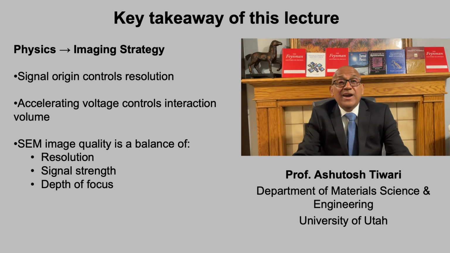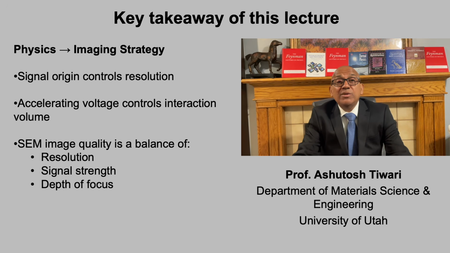The second major factor is the accelerating voltage, which determines the size and depth of the interaction volume. Lower voltages confine interactions near the surface, enhancing surface sensitivity, whereas higher voltages increase penetration depth and subsurface contribution. Finally, SEM image quality is always the result of a balance, not a single optimized parameter.